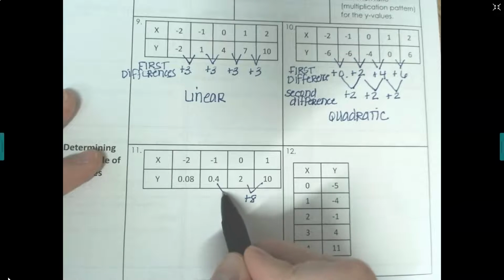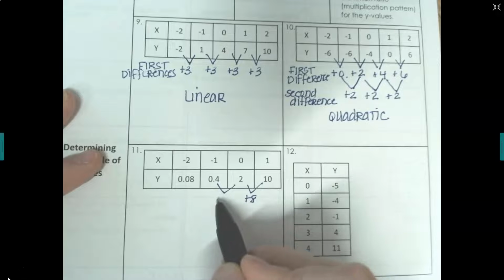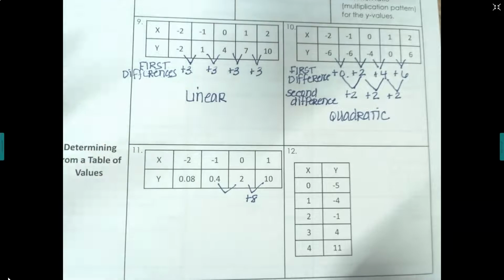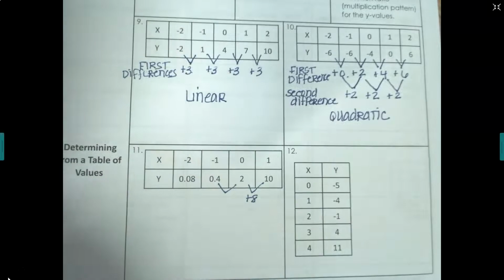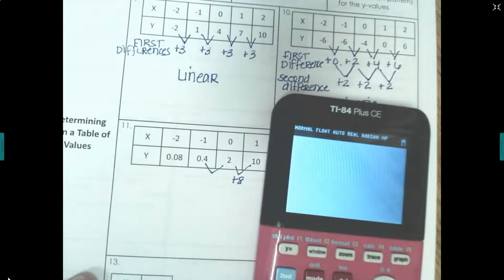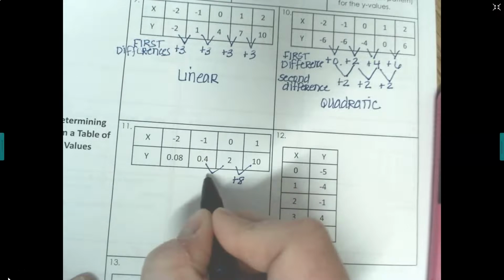Well, 0.4 plus 8 is not 2. So I'm going to see what that difference is. So I know this isn't linear because my first differences are not the same. So I'm going to take a look. I'm just going to say 2 minus 0.4 so I can find out what their difference is. This is plus 1.6.